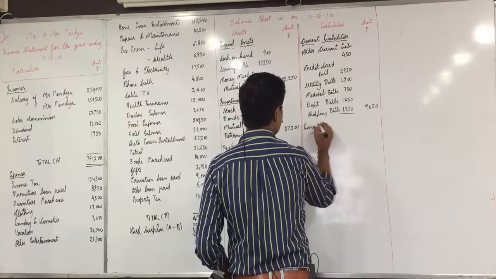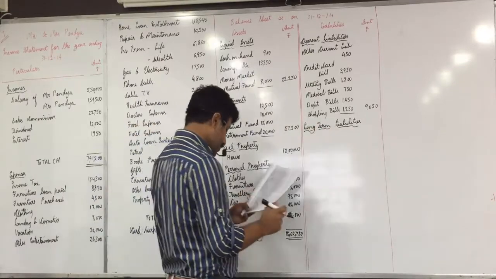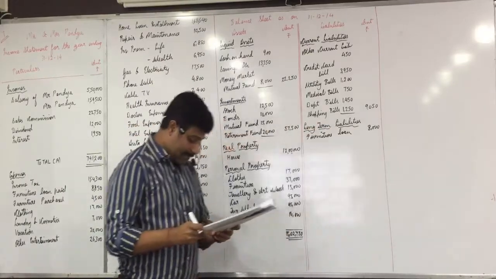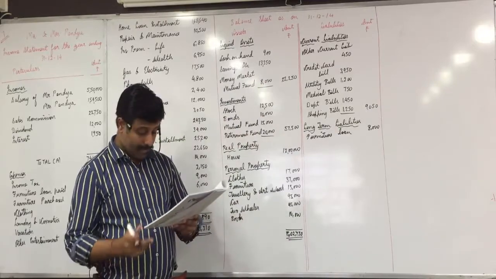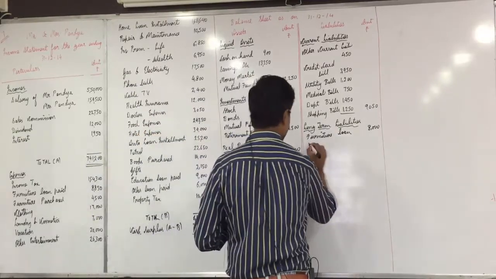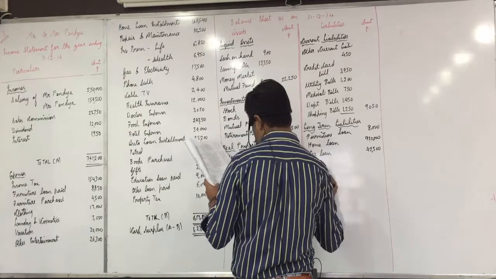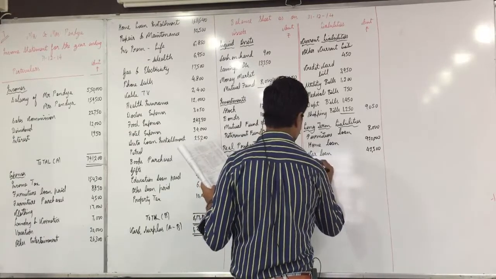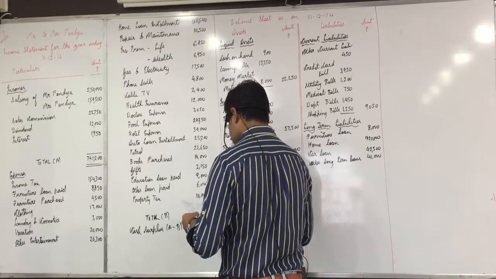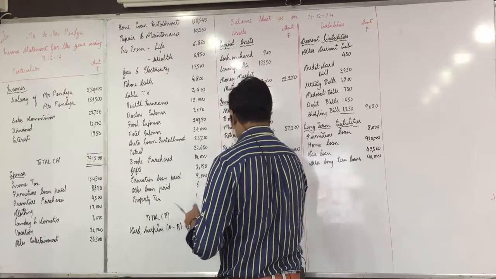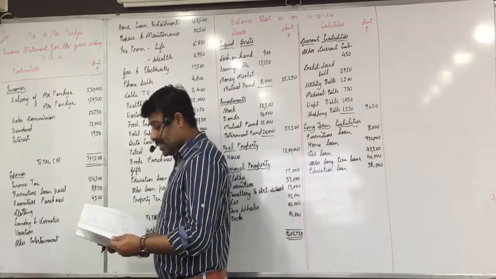And long-term liabilities: furniture loan 8,000, then home loan 20,000, car loan 42,500, other long-term loans 40,000, education loan 38,000. Anything else marked as long-term liabilities?